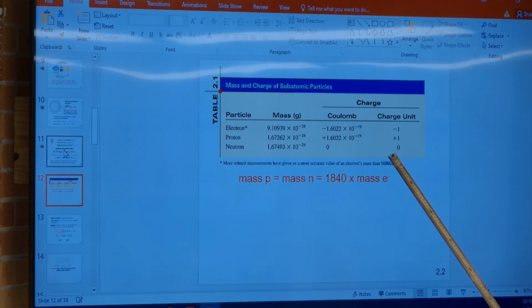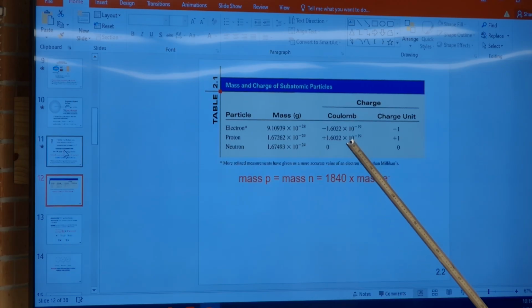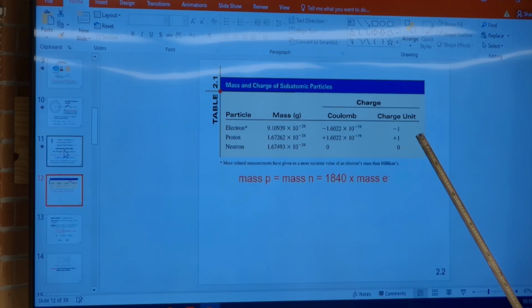Another point is that this positive 1 or negative 1 is not the actual quantity of charge. This is just simplified because the smallest charge has the same absolute value. That's why we simplify: proton is positive 1, electron negative 1. Okay, that's all. So 3 different particles inside an atom.